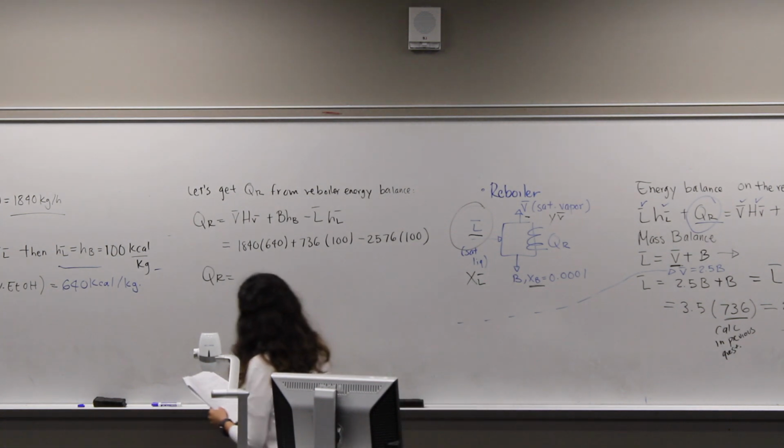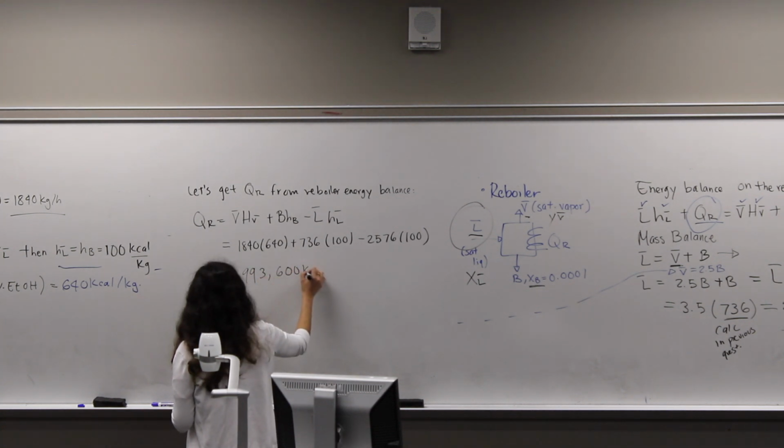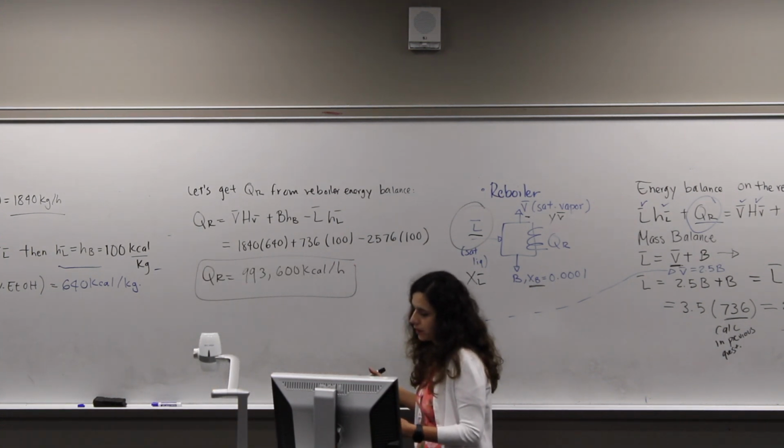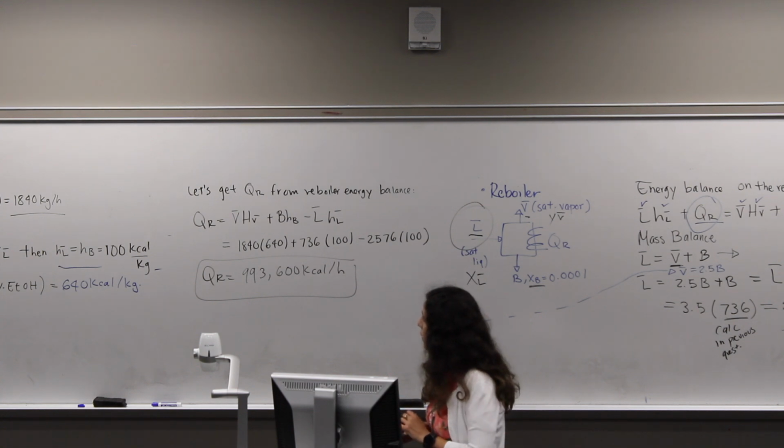So I got 993,600 kilocalories per hour. That differs from the other case where we change L over D, right? So there's an impact of the boil-up ratio compared to L over D in these heat requirements.